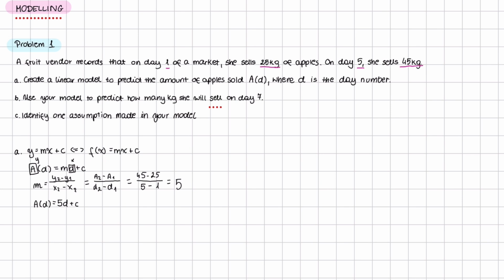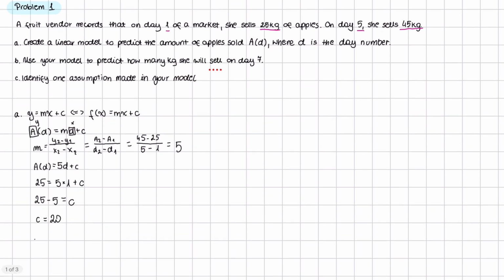So we can take the first day: 25 equals 5 times 1 plus c, so we subtract 5 from 25, and it equals c, so c is 20. So our final function is a(d) equals 5d plus 20.